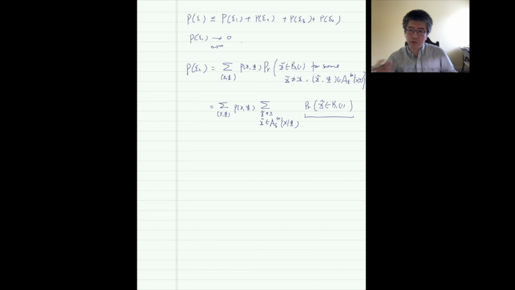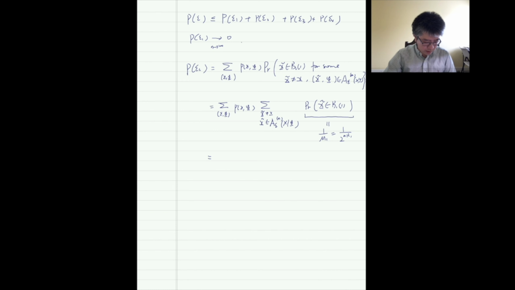Because we randomly assign each bin to each index, the chance that this is in bin 1 is nothing but 1 over m1, which equals 1 over 2 to the nR1. Then the rest should be straightforward.